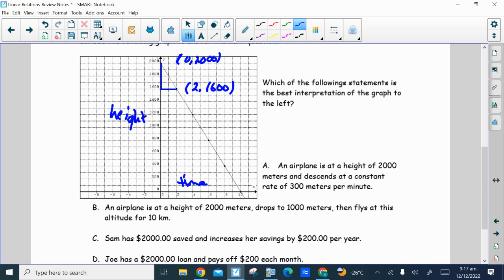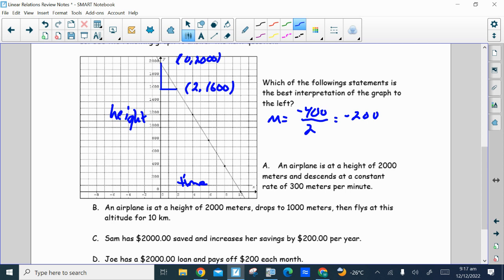So if I want to find the rate of change using these 2 points, it's the change in y divided by the change in x. So y is decreasing by 400 from 2,000 down to 1,600. So that's a negative 400. And the change in x goes from 0 to 2. So this actually gives us a rate of change of negative 200.